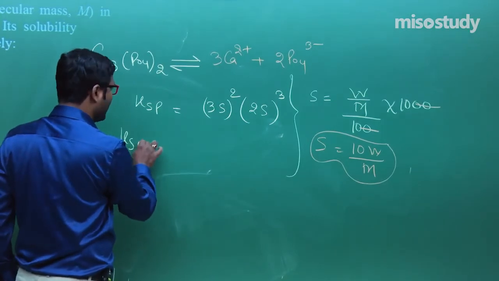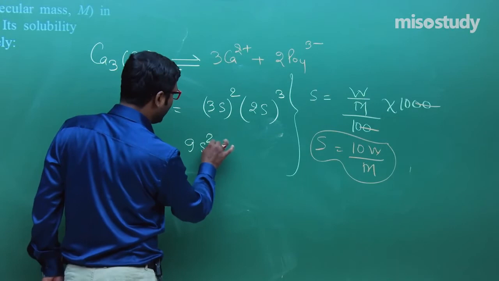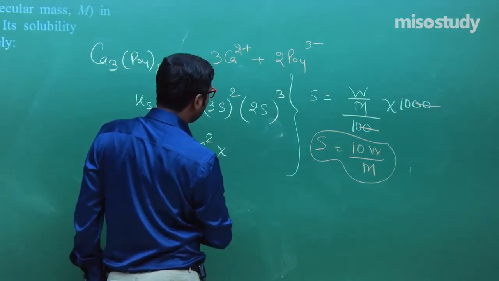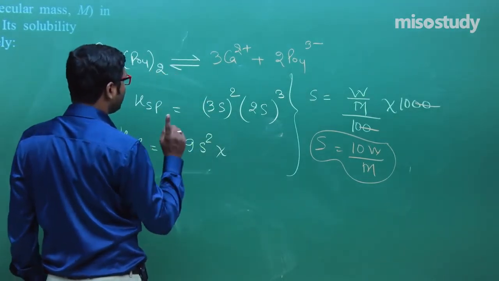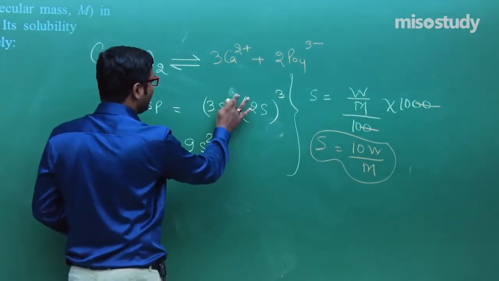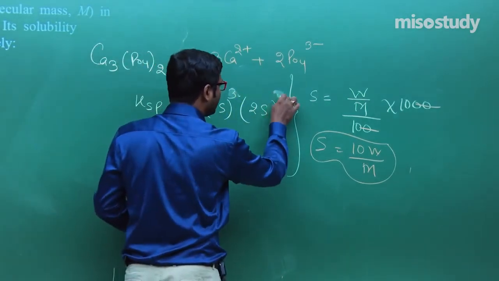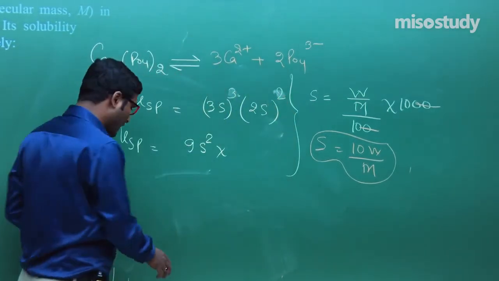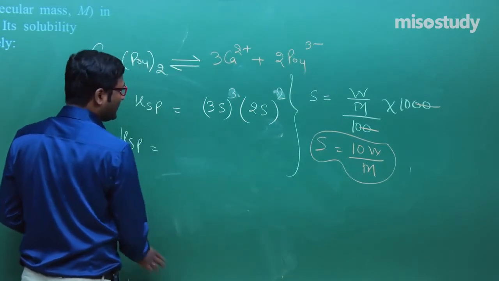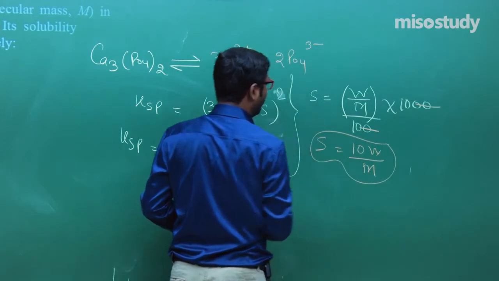Now what will happen? That is Ksp is equal to, wait for a moment, there is a mistake, 3 here, put here 3S to the power 3, 2 here, 2S to the power 2. Clear? Now it's correct. Now put here what will happen? This is the number of moles upon volume, 100 ml. Clear?